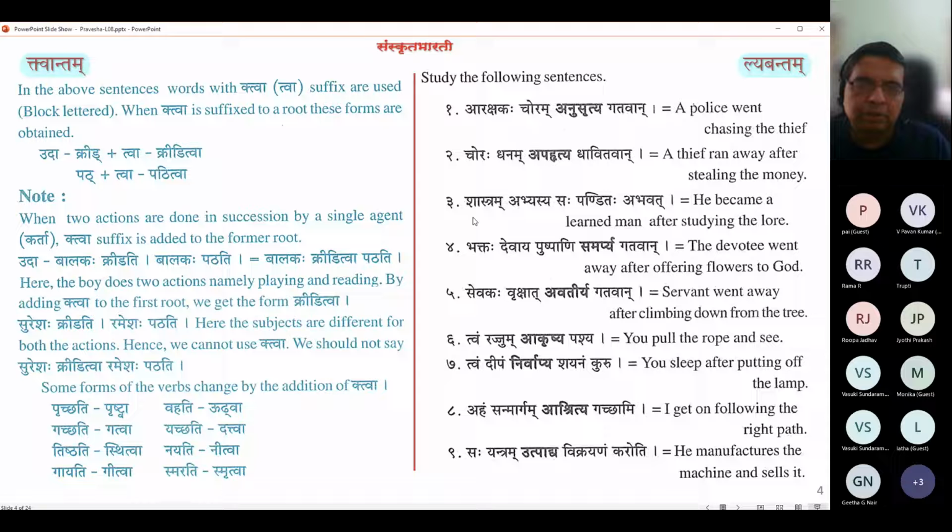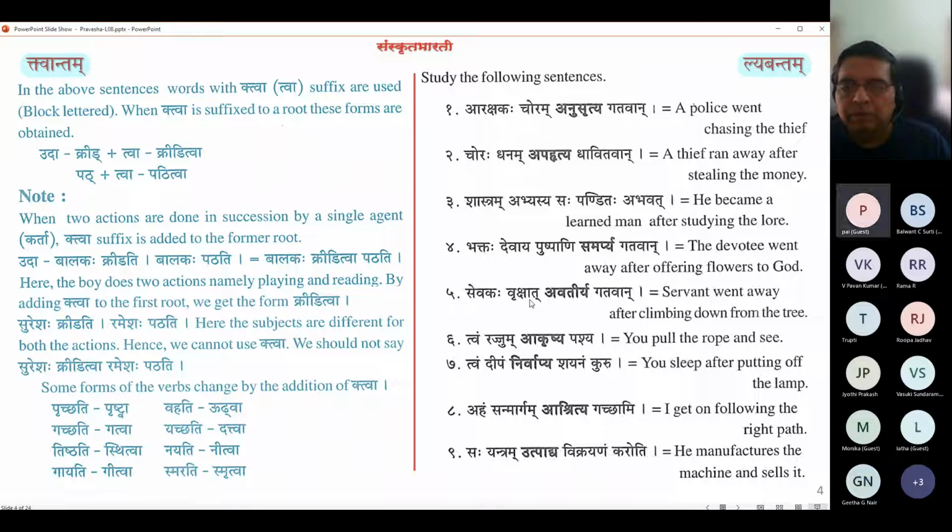Number 3. Shastram abhyasya saha panditah abhavat. He became a learned man after studying the law. Bhaktaha devaya pushpani samarpya gatavan. The devotee went away after offering flowers to God.